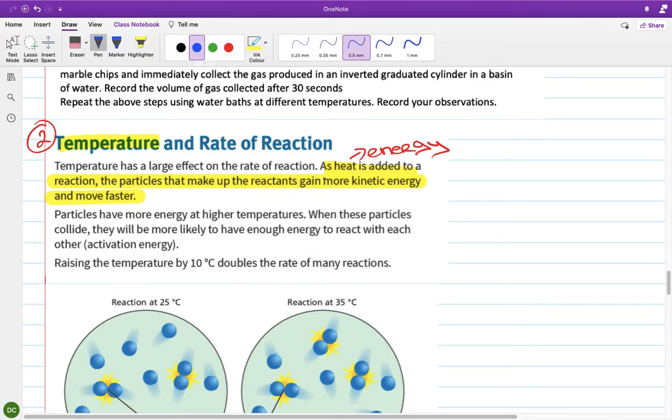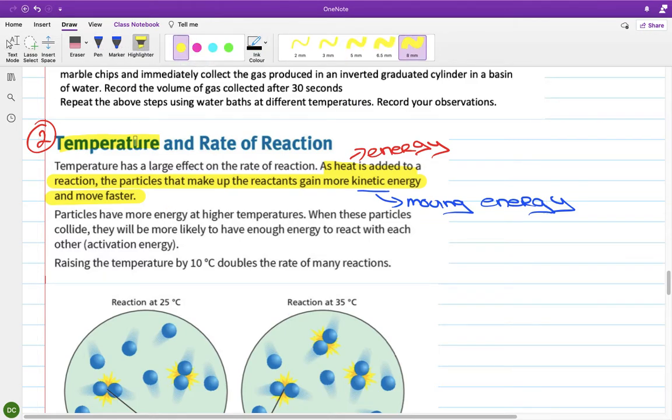And if you remember, kinetic energy is moving energy. So then the particles move around faster. Essentially, this means that the particles have more energy. So when they collide, they're more likely to have, do you remember what they're called?